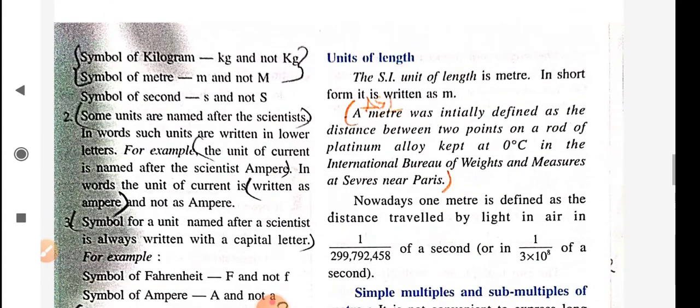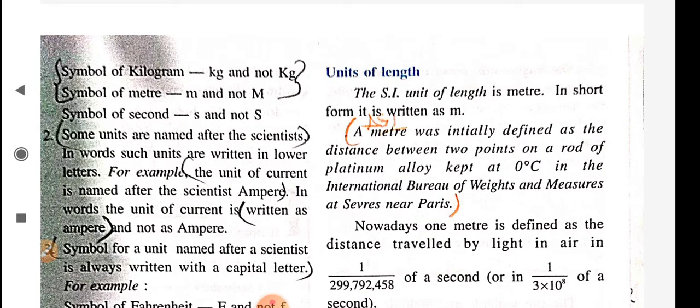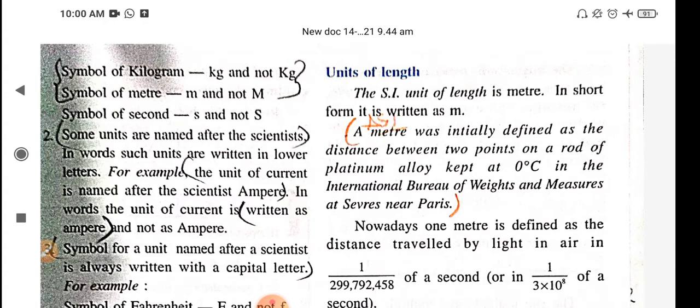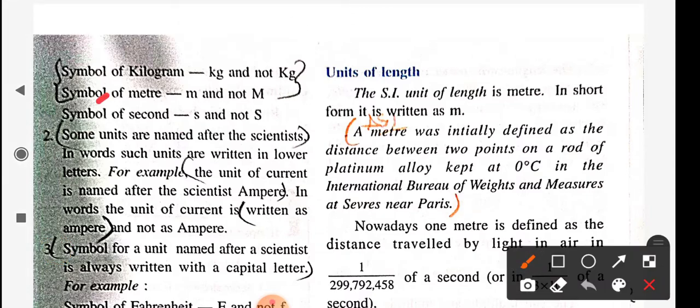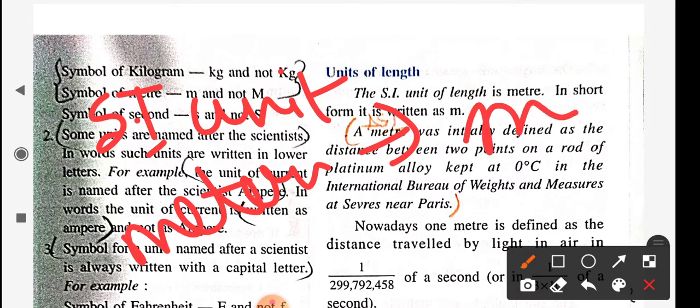Now talking about the units of length. What is the unit of length? The SI unit of length is meter, and in short form we write a small m.